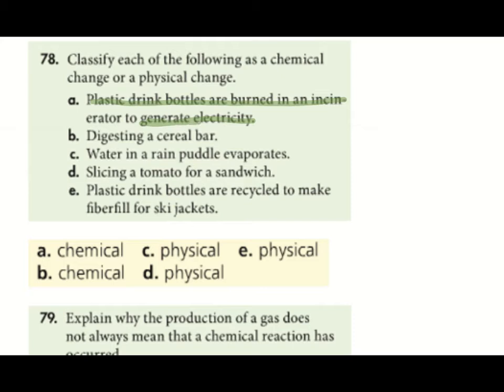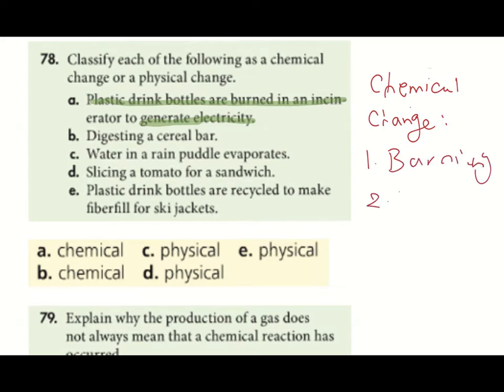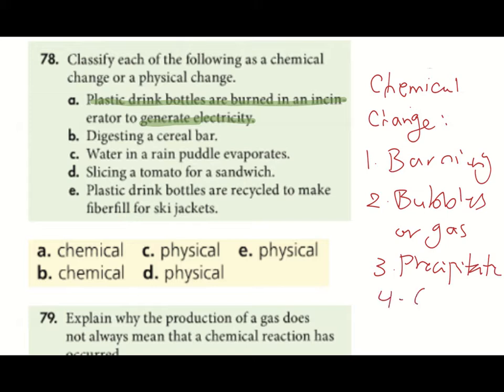If there is burning, that is a clue for a chemical change. So here I will write burning as the first clue for a chemical change. Remember that also bubbling or production of a gas is another clue. Third clue is formation of a precipitate. Fourth clue could be change in color or smell.